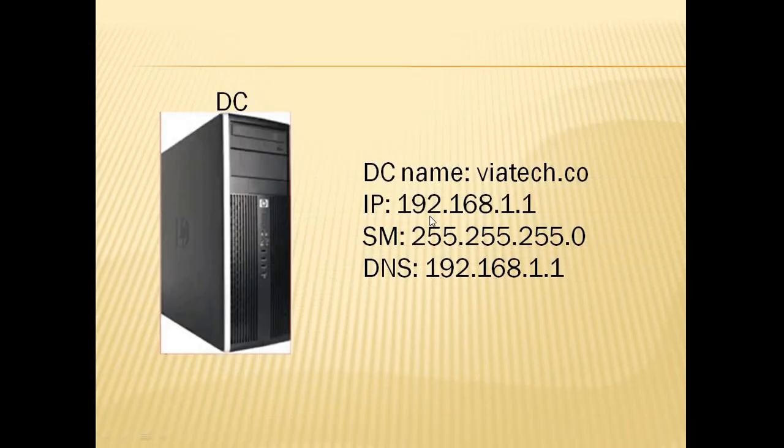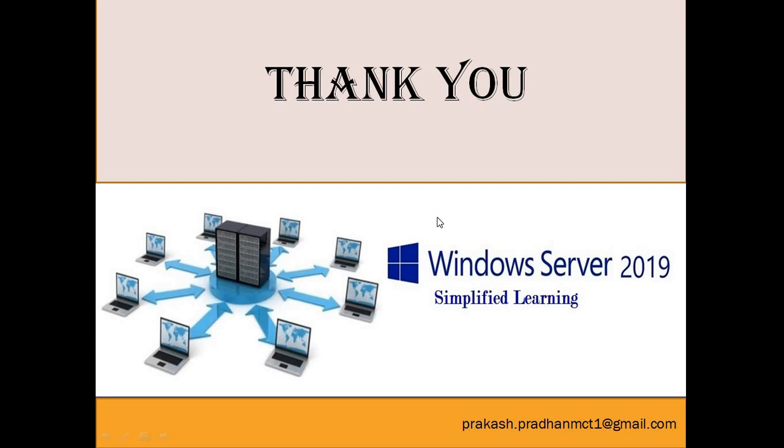So the objective of today's class, creating one domain controller or promoting your server standard edition into a domain controller, is successfully done. We have used this IP as the IP of the domain controller, and this is the same IP that is used for the DNS.